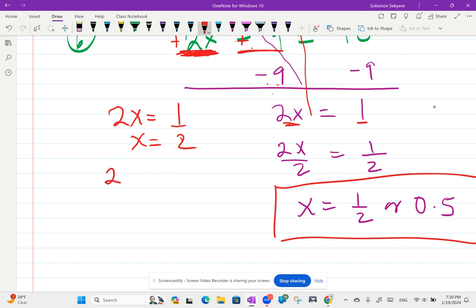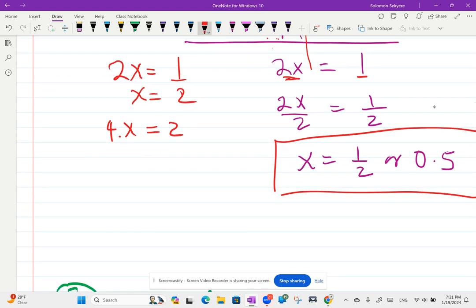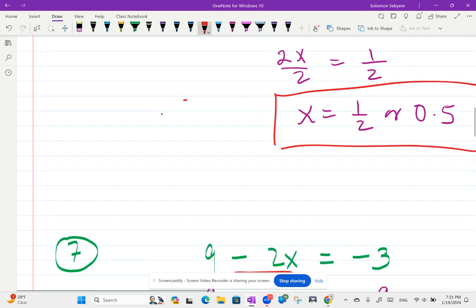Or if you have something like 4x equals 2, almost always I see students go x equals 2. They divide both sides by 2 instead of by 4. So follow the rules. When you have your variable term and you want just your variable, you divide by the coefficient. So follow the rules, you get one half. What it is, it is.